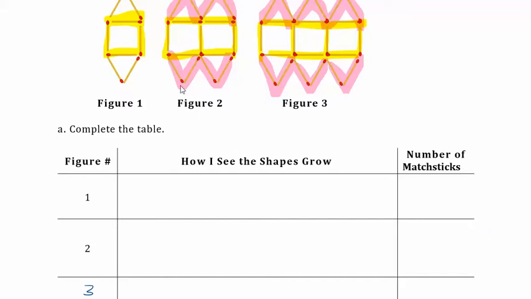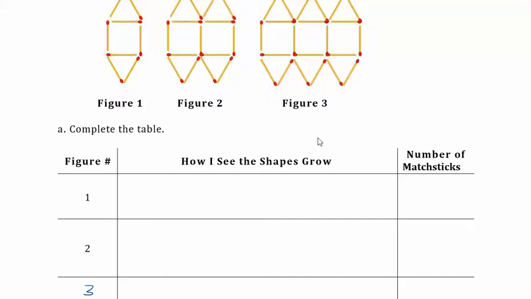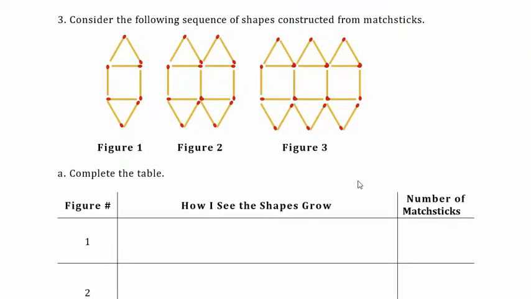Let's see. Maybe a student actually is just counting these vertical toothpicks, and then they just count the number of triangles, right? So I've got 2 triangles there, and each of those triangles has 3.